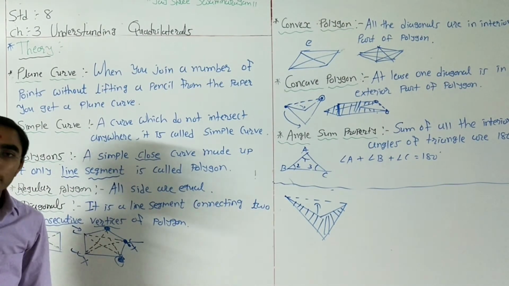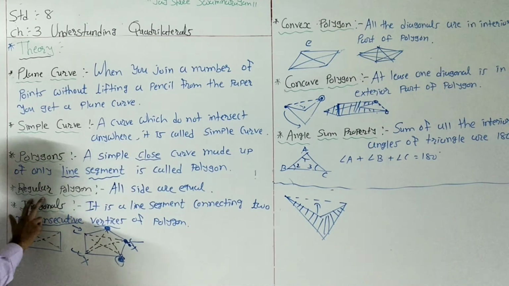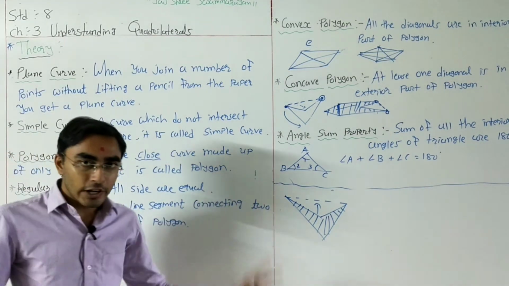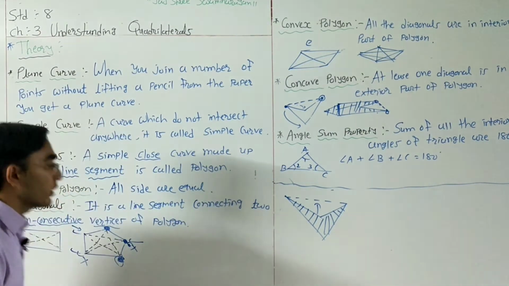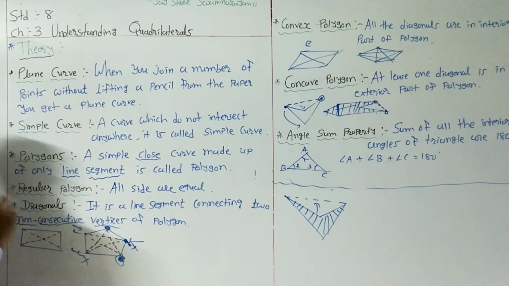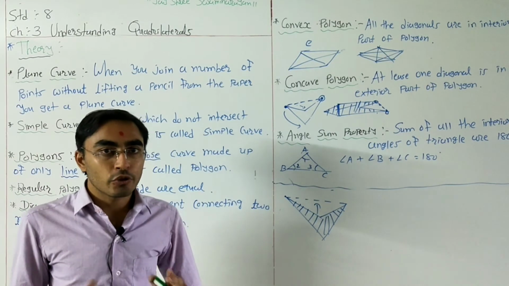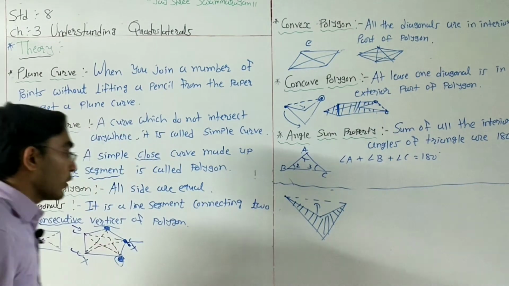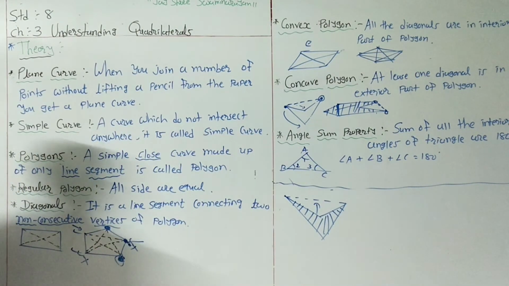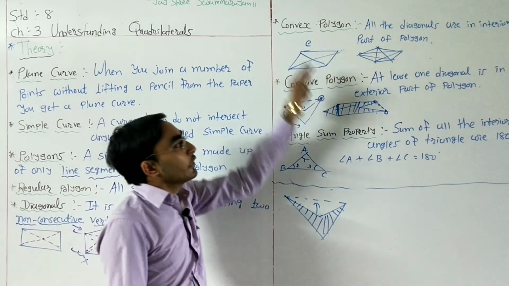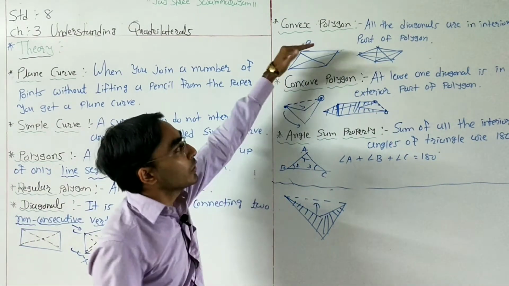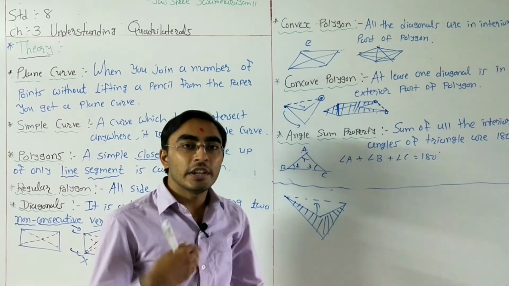It is called polygon. Regular polygon means all the sides of the polygon are the same. Diagonals means if we join two non-consecutive vertices of a polygon, it is called a diagonal of the polygon. Convex polygon: all the diagonals are in the interior part.